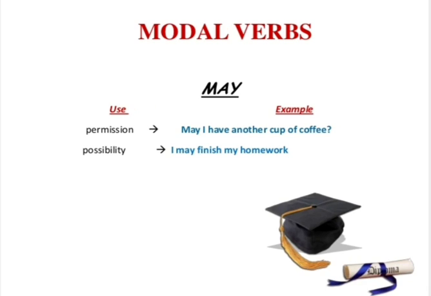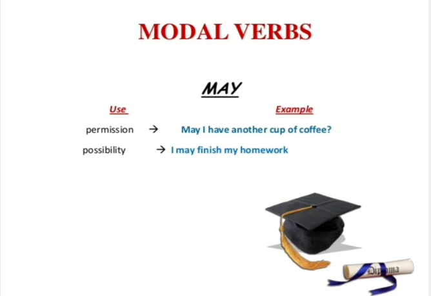Modal verbs. Next is may. May is used for asking permission. It is again a formal way, more formal than can. Can is informal and may is formal. May I have another cup of coffee?